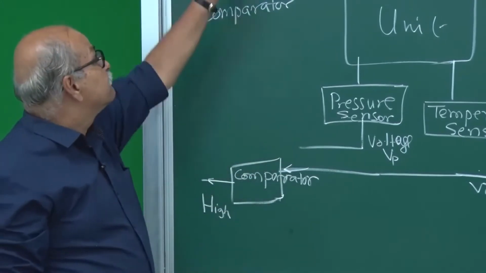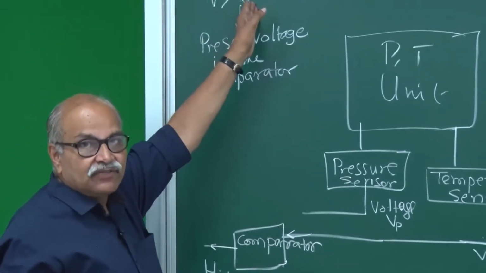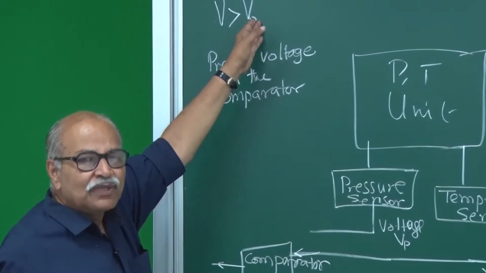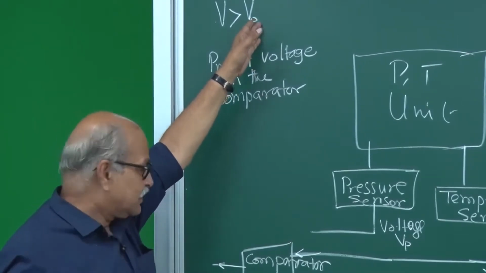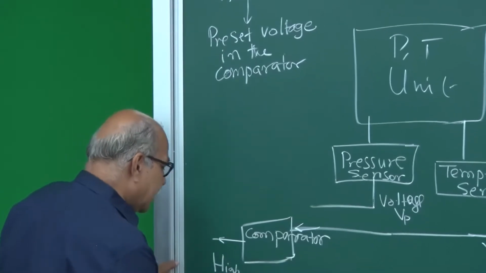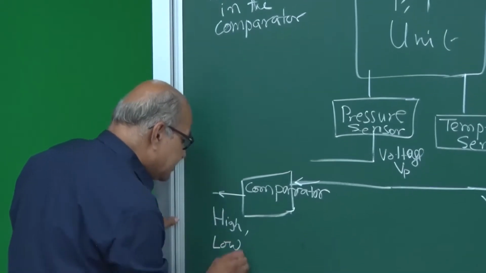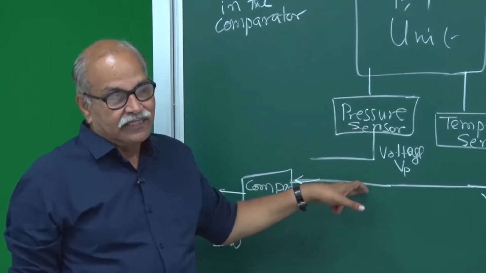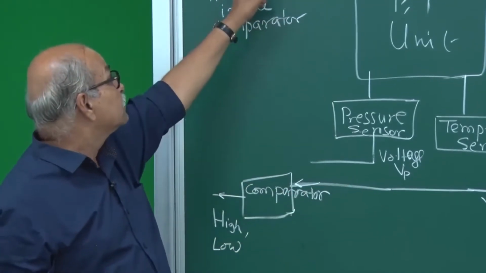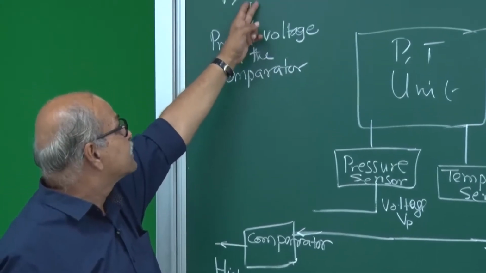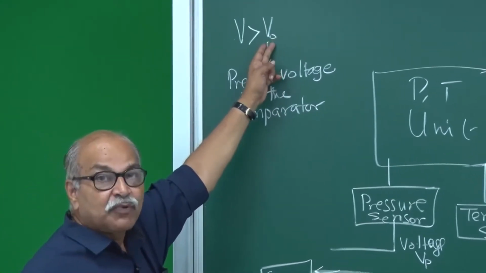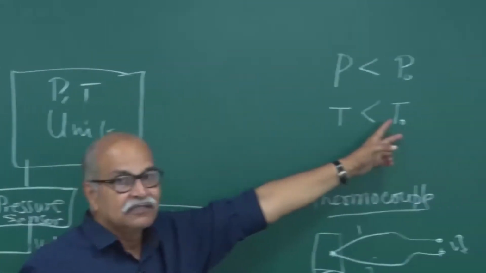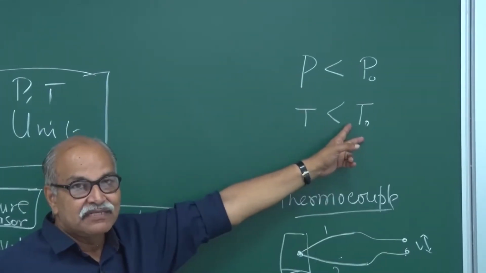And if this V is less than V naught, then it will give me a low voltage, a 0 voltage or some 0.1, 0.2 volts. So, that is low. So, it can give me high or low, depending on how much this voltage is. If it is more than this V naught, and this V naught I can set corresponding to that limit T naught, suppose 370 degrees Celsius.